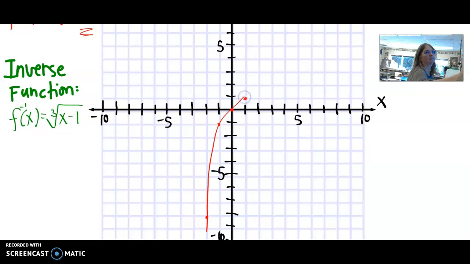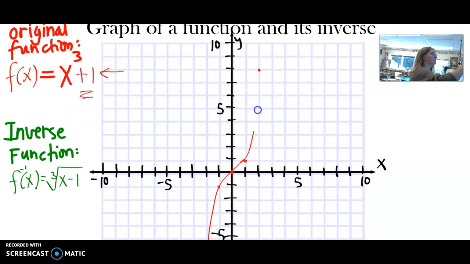It doesn't all fit on one page, unfortunately. But when you add 1, so it's not just x cubed, it's x cubed plus 1, all of these points move up 1.